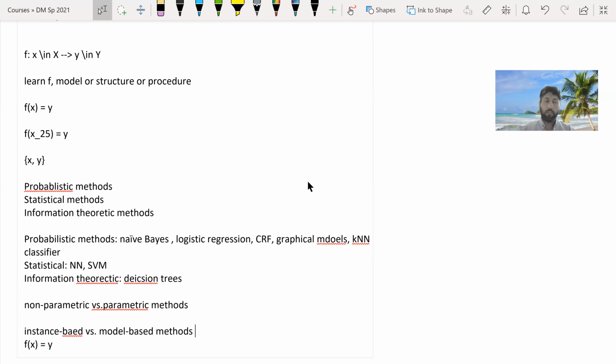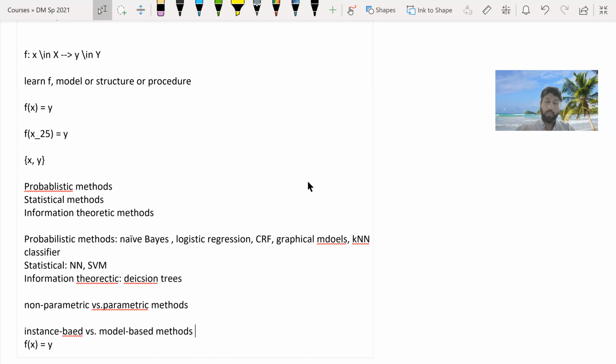While in instance-based methods, usually we don't have a distinct training and prediction phase. There is only one procedure, and that procedure goes over the data and makes the prediction. There is no separate training that's done and then you stop and then you apply the model. In instance-based, you have to run the model from scratch every time.